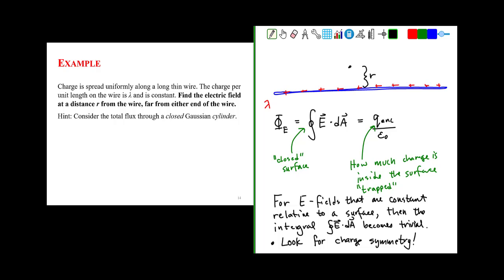Let's use this fact. Let's see if we could find a surface that is symmetric about this line of charge. Because if we could find a surface that's symmetric about the line of charge, we could determine the electric flux, which means we could determine the electric field. So that's our task. Find or choose a surface that's symmetric to the charge.